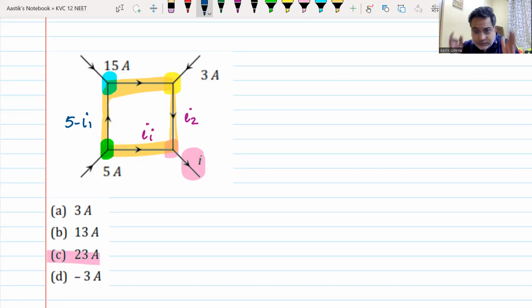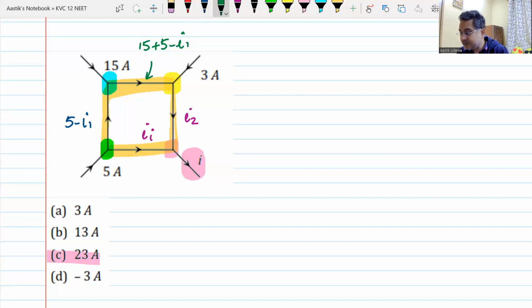Okay. Now, if you go on and add and subtract the currents in all the branches. If you look at the blue branch, 5 minus I1 is coming from here and 15 is coming from here. So the outgoing current in this branch will be 15 plus 5 minus I1. Yes or no?